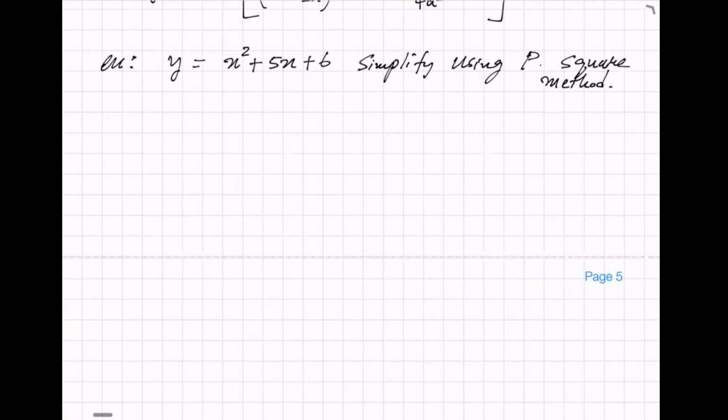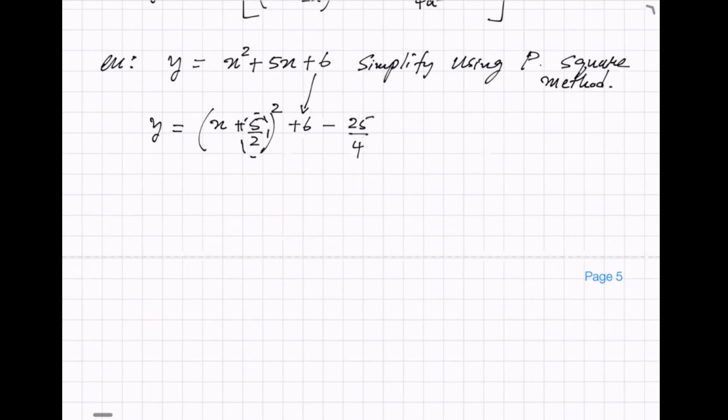Yeah. So y is equal to, I will do x plus 5 divided by 2 squared, then I will copy whatever here, then always minus the number you have here. So it's going to be 25 divided by 4.